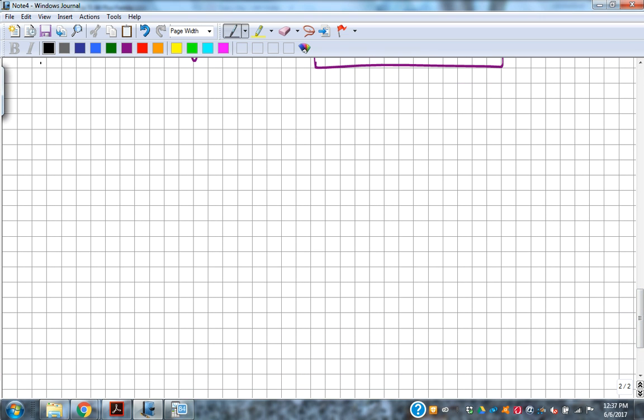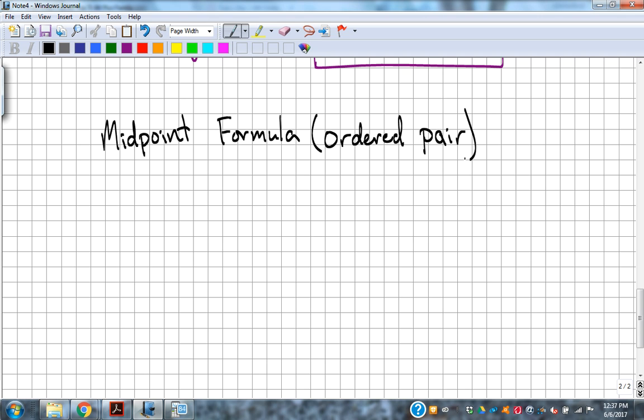The other formula that's important when talking about rectangular coordinates is the midpoint formula. The midpoint formula finds the point that's halfway between two other points, and it's an ordered pair. Where the distance formula gives a number answer, the midpoint formula is going to get us an ordered pair, a point.